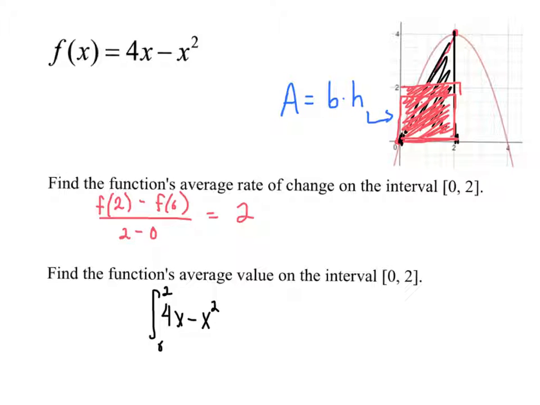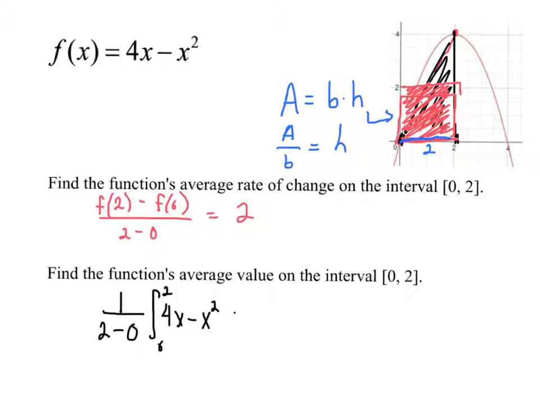If I know the total area and I know the base, in this case, is 2, well, to find the height, I just divide by the base. So if you've forgotten, well, why did we always have to do this thing in front? That's why. It's essentially just dividing by the base.